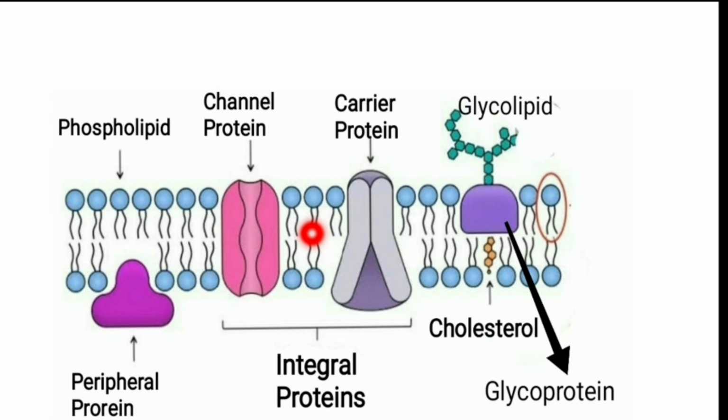With the help of this diagram, we can explain the lipids and proteins. These are the phospholipids. Phospholipids are the barrier to protect the cell and also work to provide passage for various substances across the membrane. Now, the glycolipids.